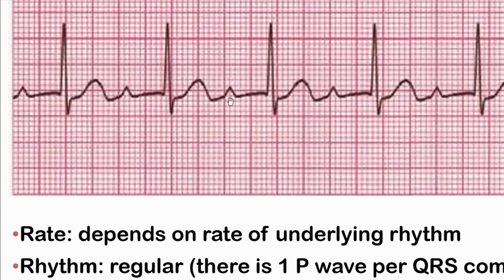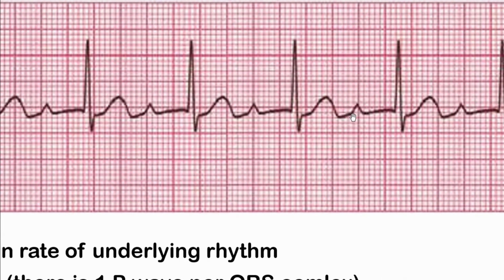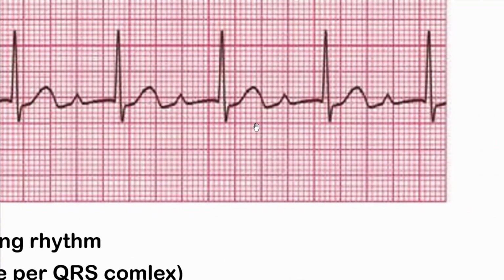Here we count 8 squares, here 8 squares, and here 7 squares. So as you can see, it's almost fixed, either 7 or 8, and that's already longer than the usual PR interval. So the PR interval here is prolonged, and there are no QRS complexes that are missing from this ECG.